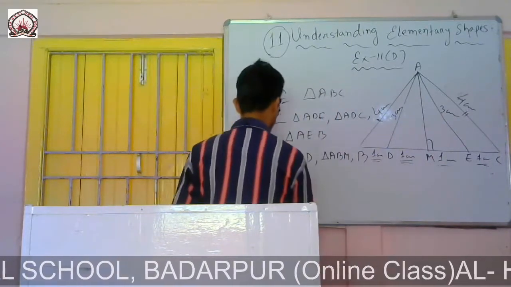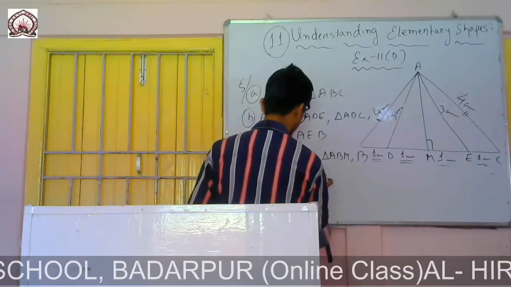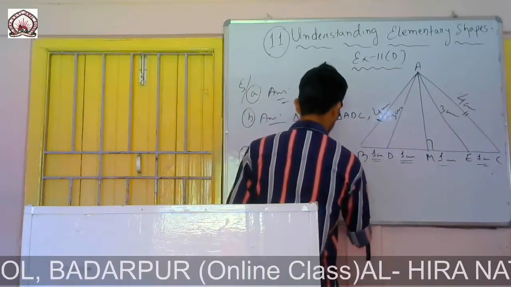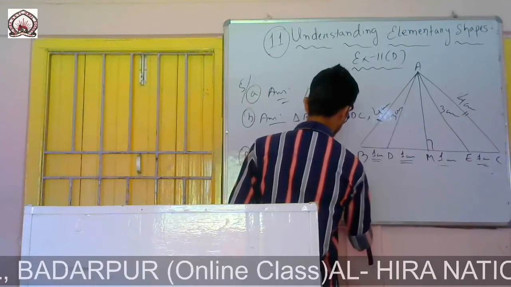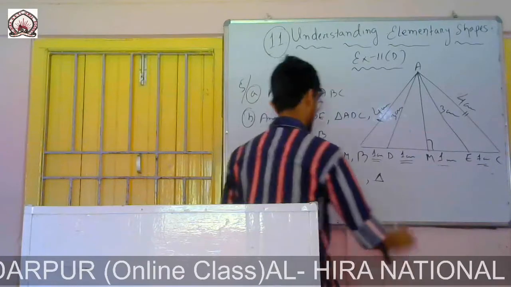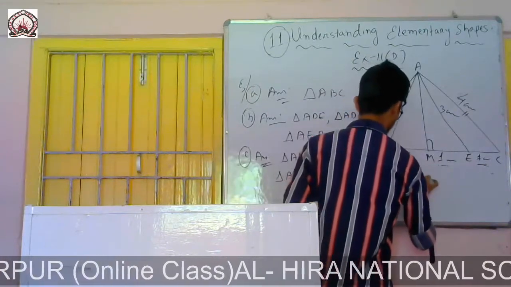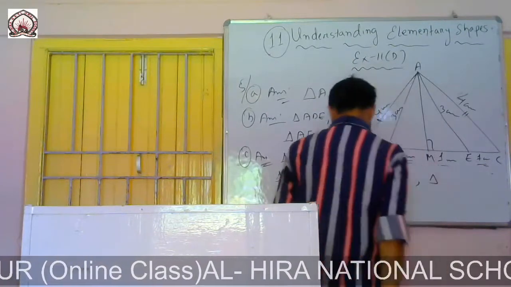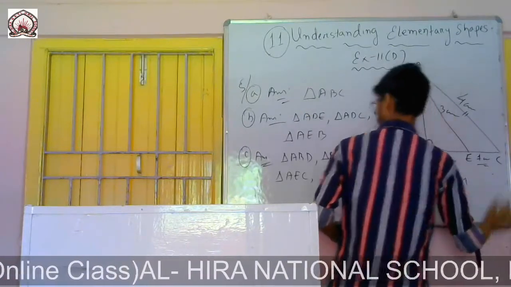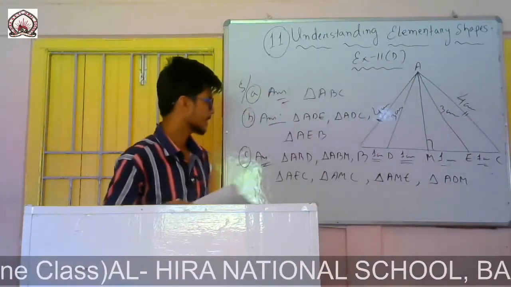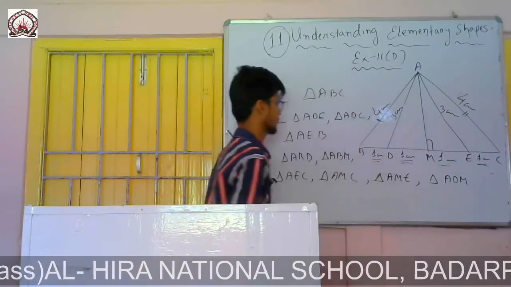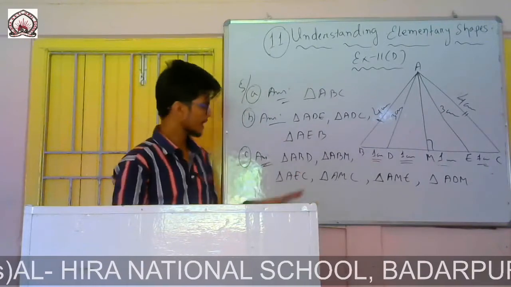Then triangle AEC, then triangle AMC, then triangle AME, and the last one triangle ADM. These are all scalene triangles.